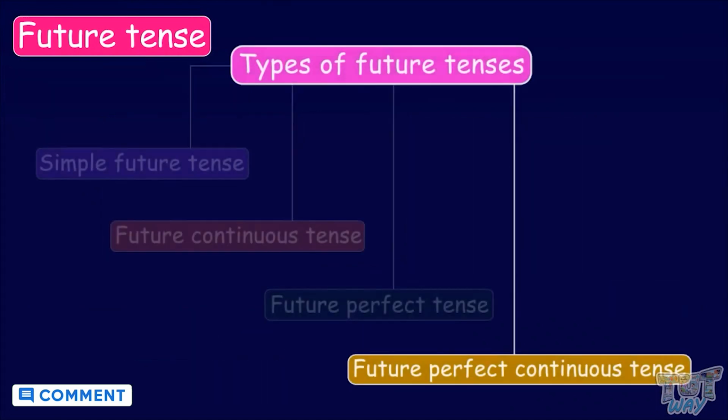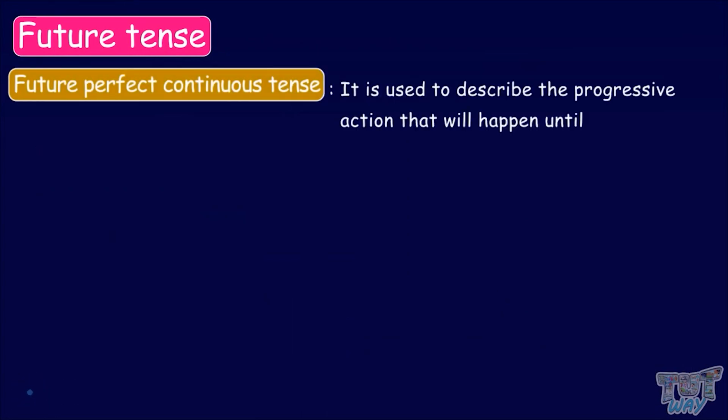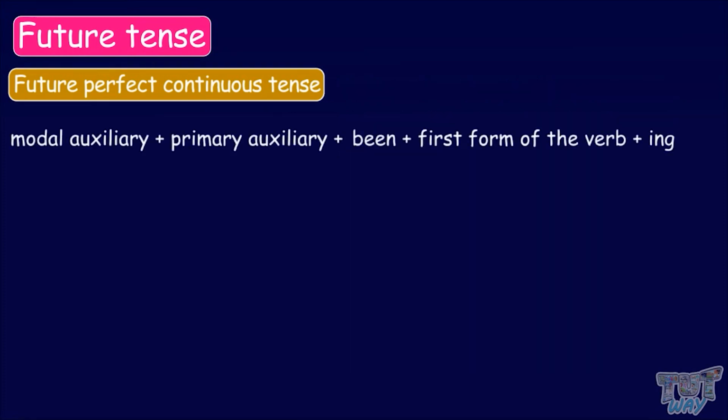Now let's learn about future perfect continuous tense. This tense is used to describe the progressive action that will happen until a certain time in the future. In order to form this sentence, we use modal auxiliary, primary auxiliary being, and first form of the verb along with ing.